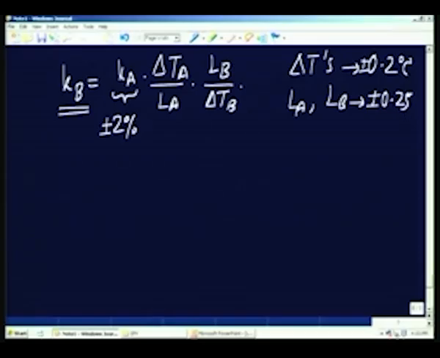So, all I have to do is to calculate using the logarithmic differentiation method.